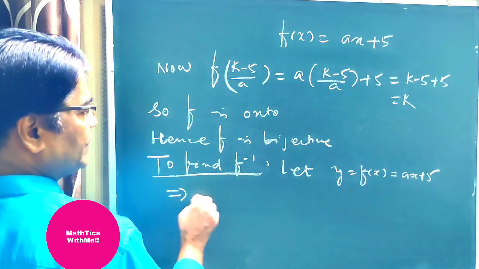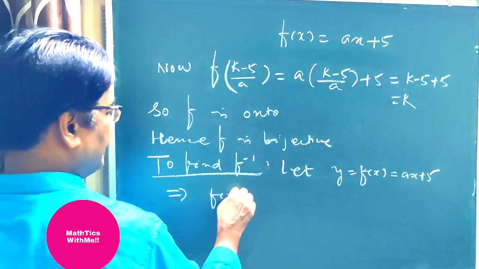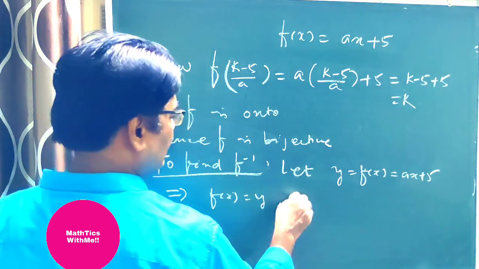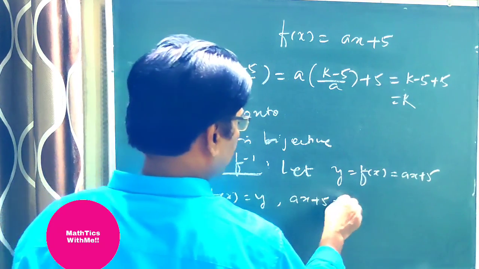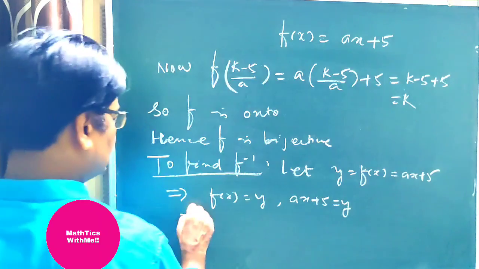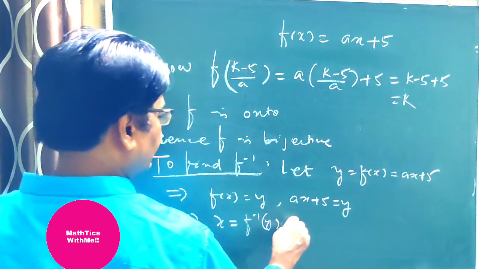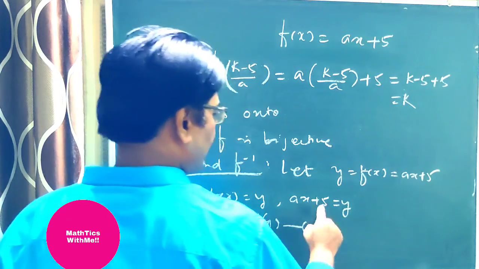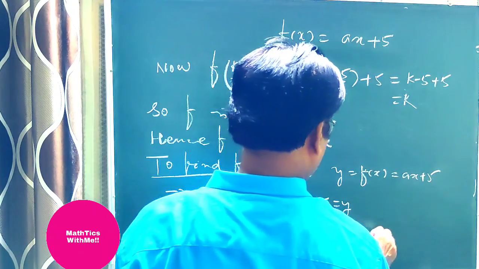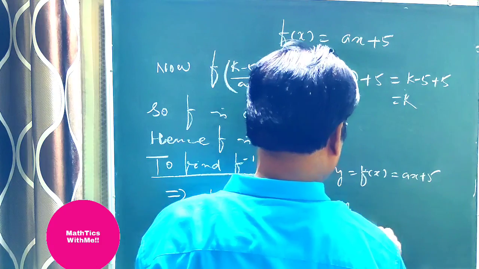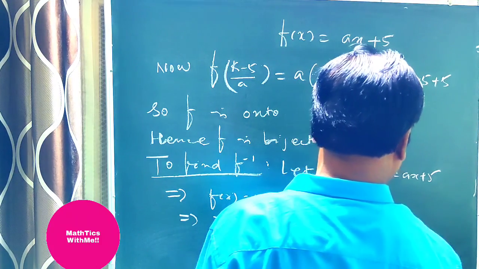So this gives us ax plus 5 is equal to y. So this gives x is equal to f inverse y. Take it equation 1. From this equation we get ax is equal to y minus 5.